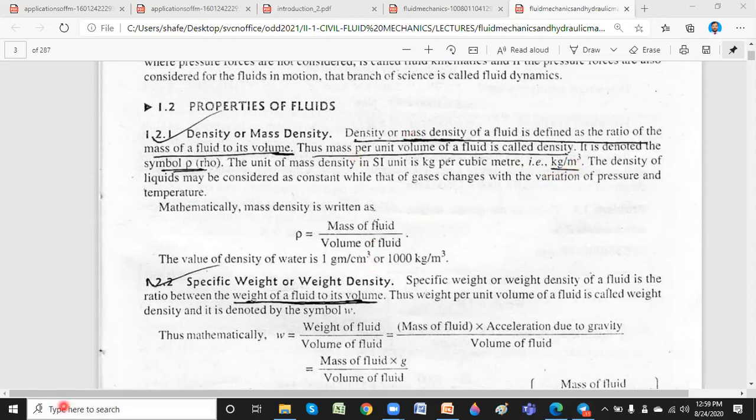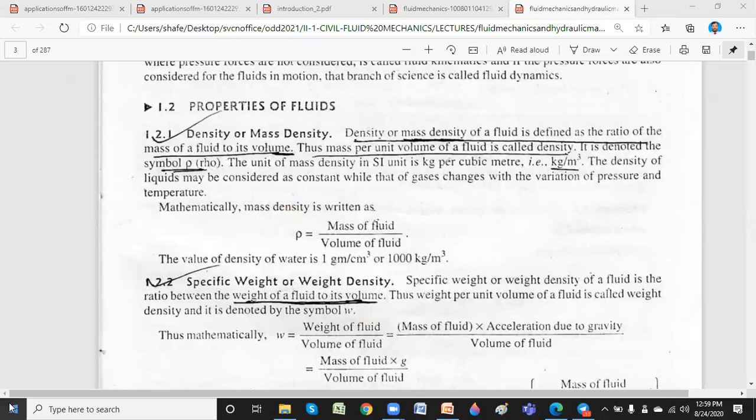Water is normally taken as the standard fluid, and water has a density of 1000 kg per meter cube. For all your problems, the density of water is always taken as the standard, 1000 kg per meter cube. So that is about density.